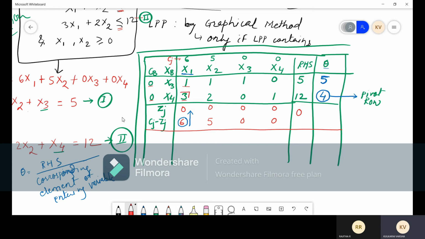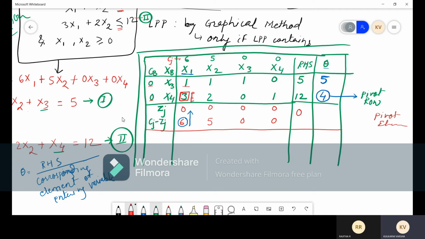It is intersecting at this. So this is your pivot element. Generally we don't have to write everything, but we have to mark our pivot element. We can mention it as PE, pivot element. You have to mark it with a circle or a square or something. So this is your pivot element.